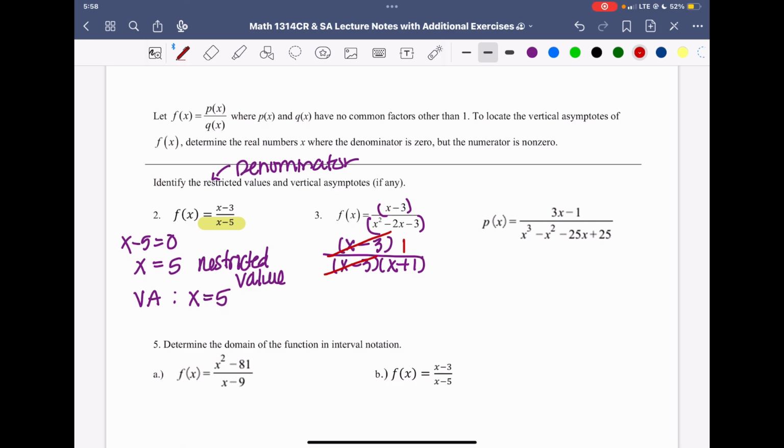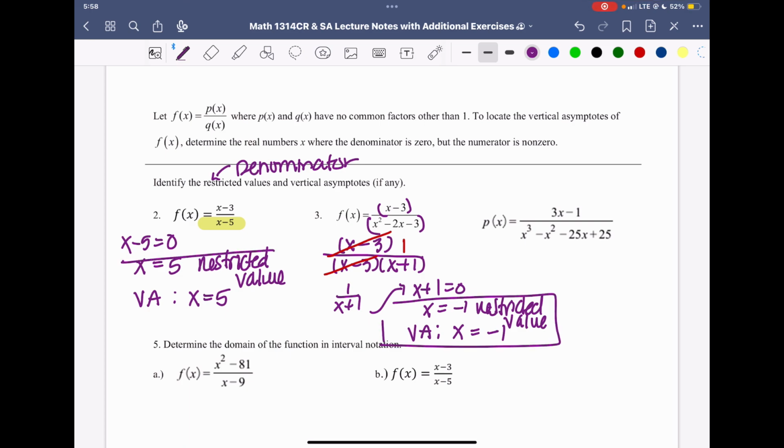So our new expression is 1 over x plus 1. Then we take the denominator and say x plus 1 equals 0. Solve for x, and that's going to be our restricted value and our vertical asymptote. Vertical asymptotes are always whatever x is equal to in the denominator. Should be negative 1. Those are your solutions right there.